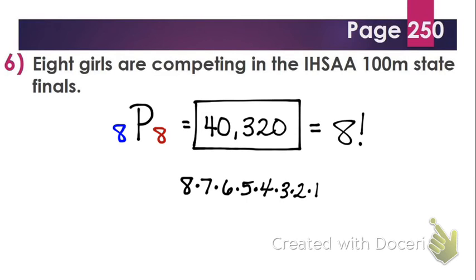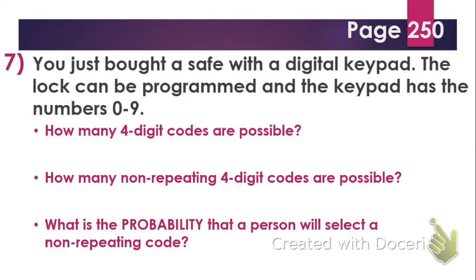All right, number 7. I've added some additional pieces of information here because there wasn't quite enough to answer the question. You just bought a safe with a digital keypad. The lock can be programmed, and the keypad has the numbers 0 through 9. So I want to know how many 4-digit passcodes are possible.